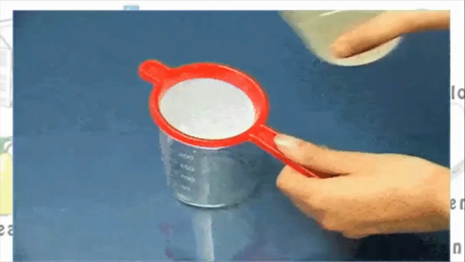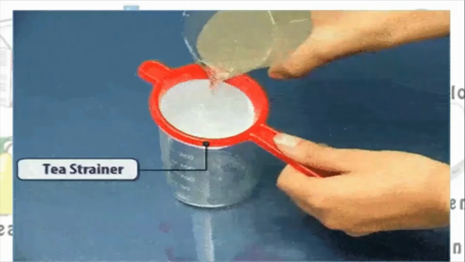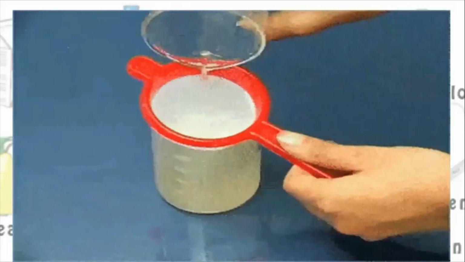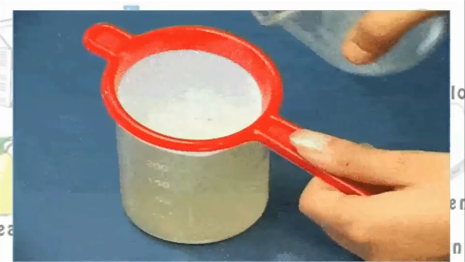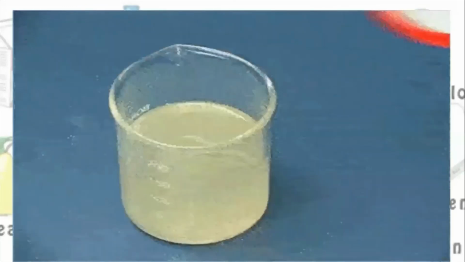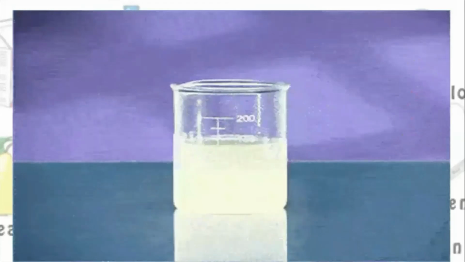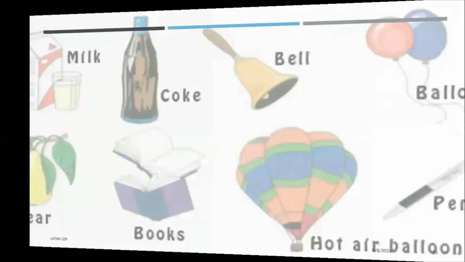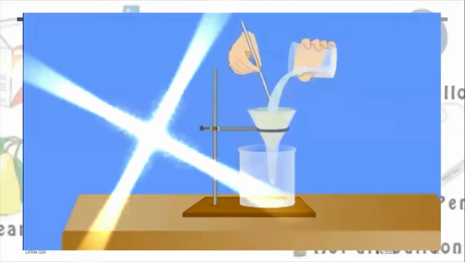And finally, we get pure water by using a strainer, passing the water and collecting it into another beaker, and the pure water is collected in it. This process we call filtration.